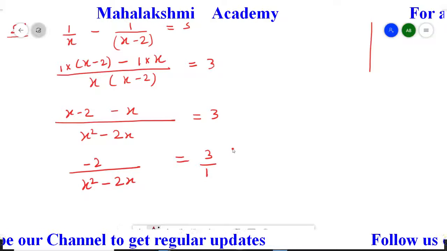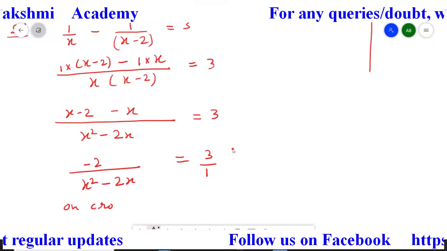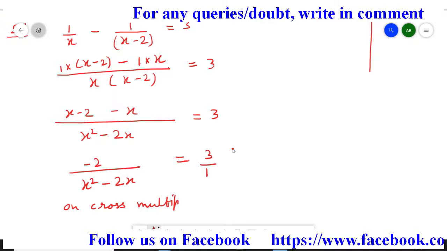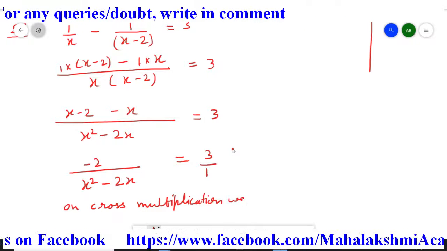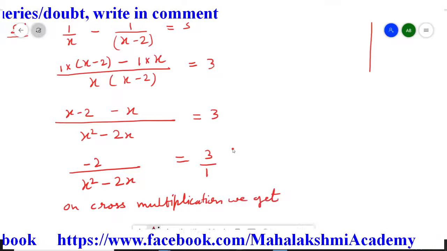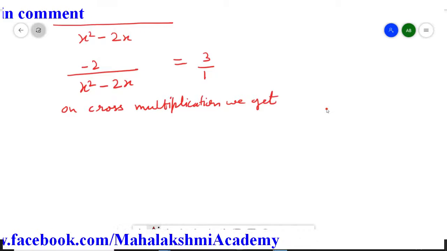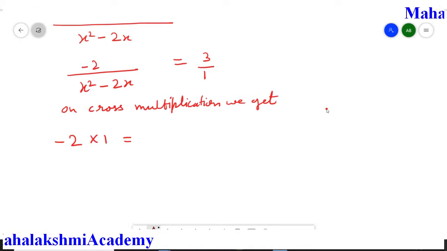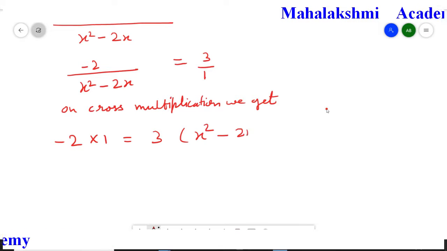Now put 1 here, and now we have to do cross multiplication. When we cross multiply, we are going to get minus 2 multiplied by 1 and 3 multiplied by the bracket x square minus 2x.